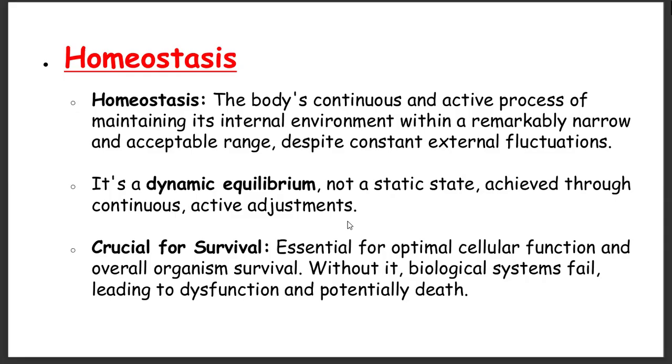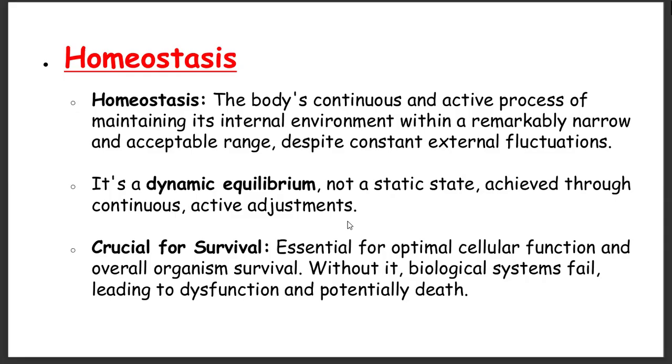So the major function of homeostasis is that it is helping survival and the functionality of all cells to their optimum, such that if you have a fluctuation in a certain physiologic condition or parameter in the body, it is responsible for taking it back to its normal state or its normal range.